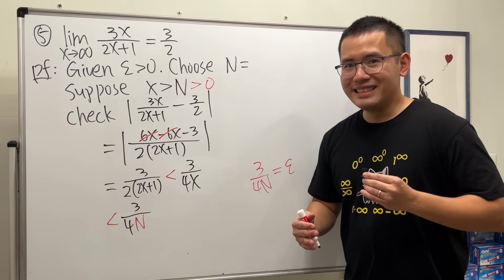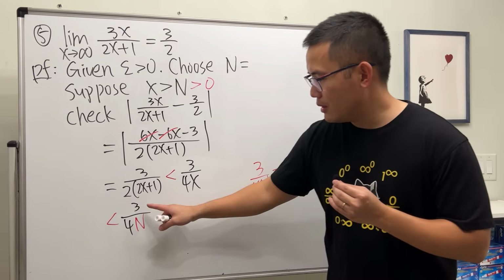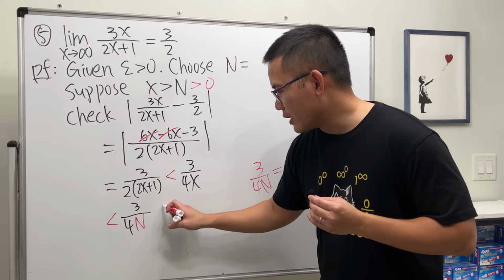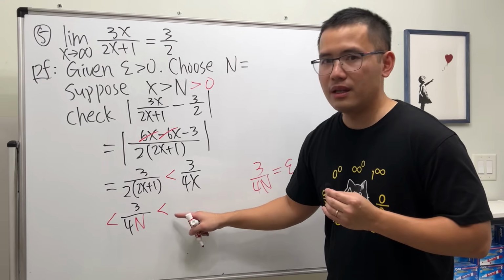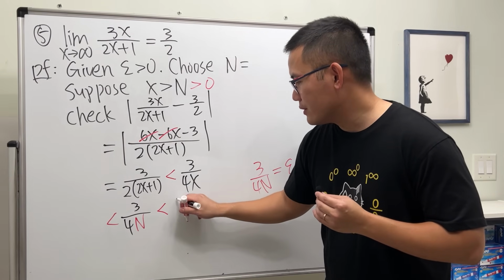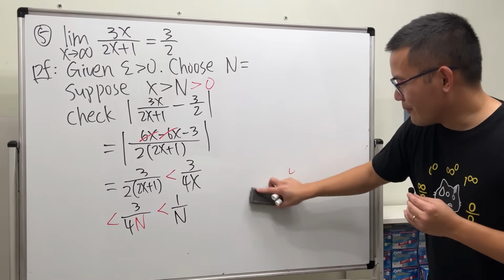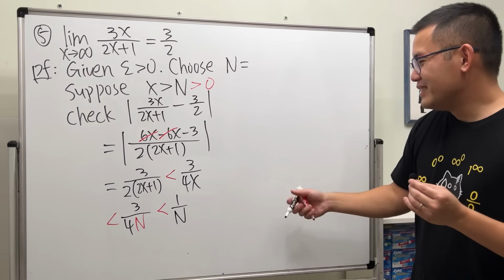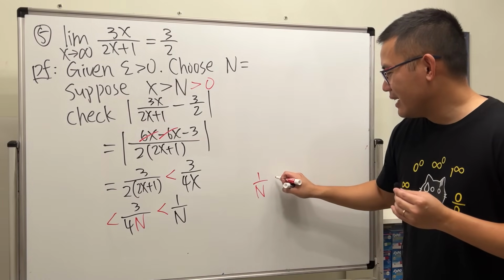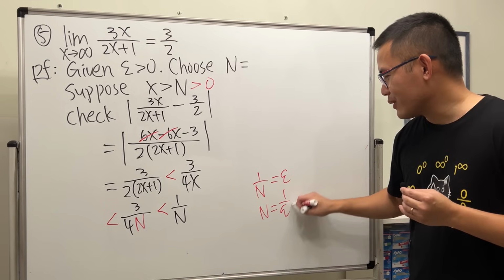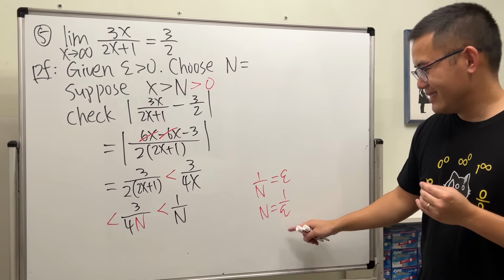If you want, you can do the following too. 3 over 4 is less than 1. So it's actually okay to say this is less than 1 over n. So why not? The easiest n to get is just 1 over n. You make it equal to epsilon, so n equals 1 over epsilon.